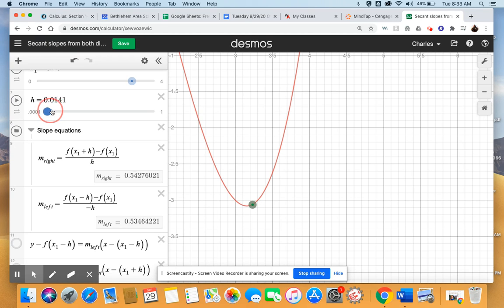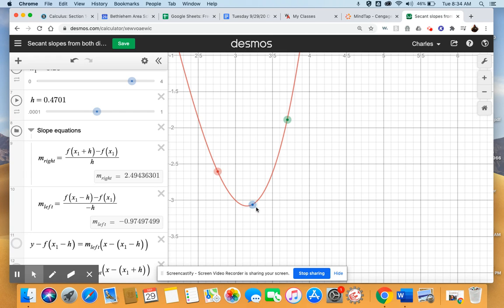So what we're doing here is an estimate. We can't calculate the slope at one point because we can't plug in 0 for h. But we can estimate what that slope at a single point would be by progressively moving these points closer and closer to our single point of interest and examining the trend in that slope output.